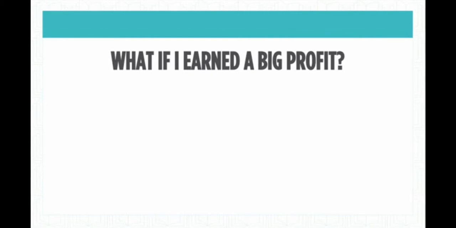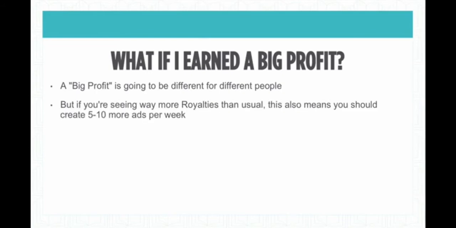What if I earned a big profit? And I know a big profit's going to be different for different people. If you had never earned $10 off your book and suddenly you had 12, that's a big profit. If you had 150 and you go up to 250, that could be a big profit for you. Now, if you're seeing way more royalties than usual, I would absolutely recommend diving straight into creating more ads.